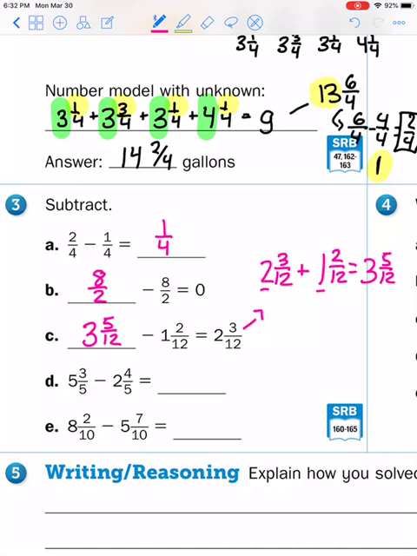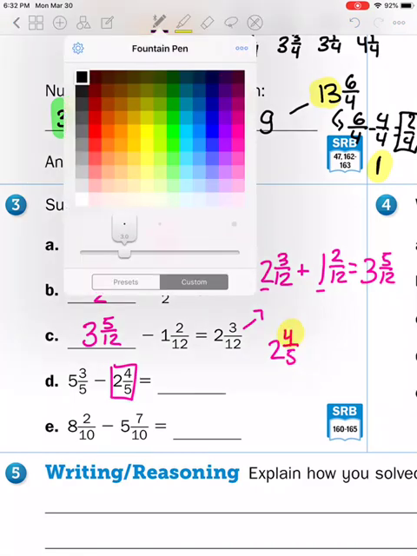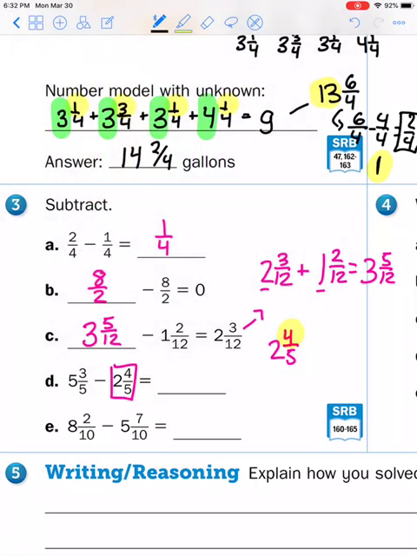So you're going to have to convert these into improper fractions, or you could just try taking out a whole from just this problem. So if I do 2 and 4/5, and I need to make this numerator bigger, I'm going to take a whole from the 2.